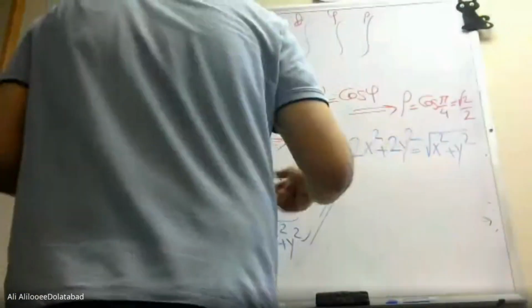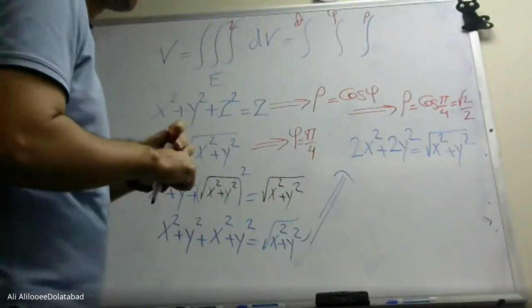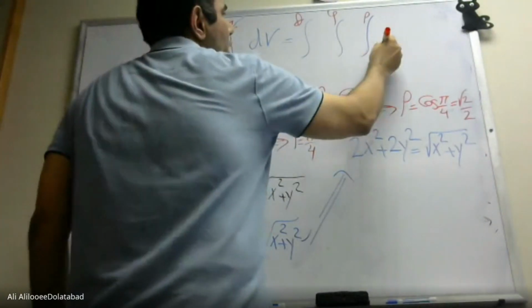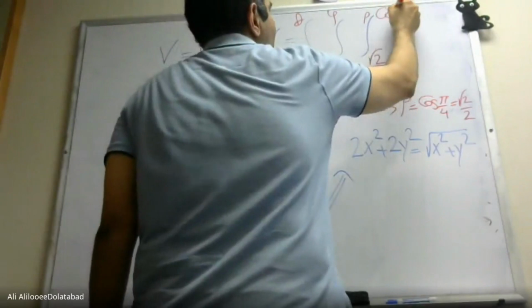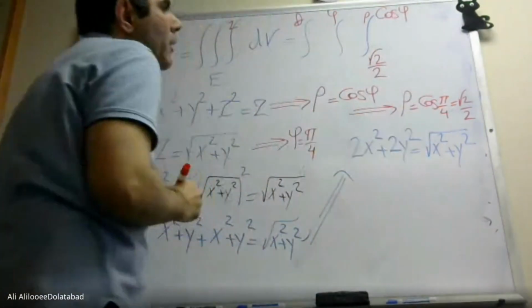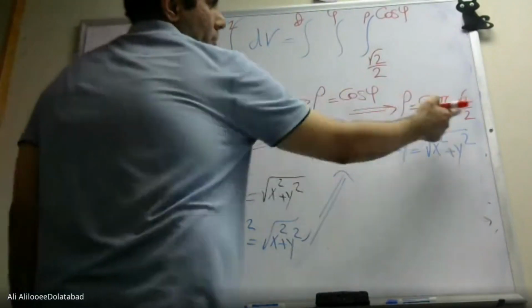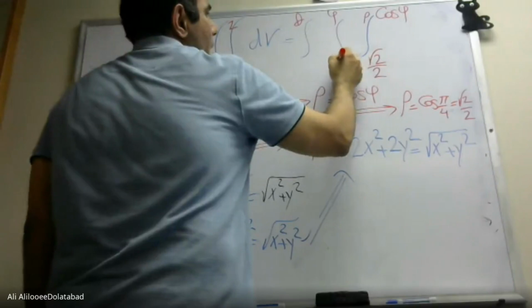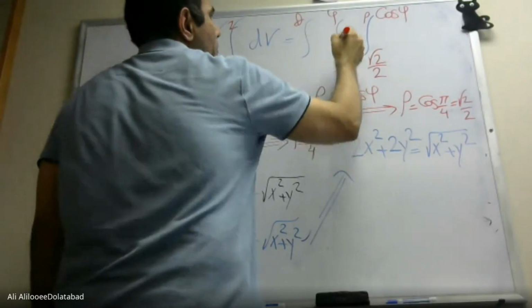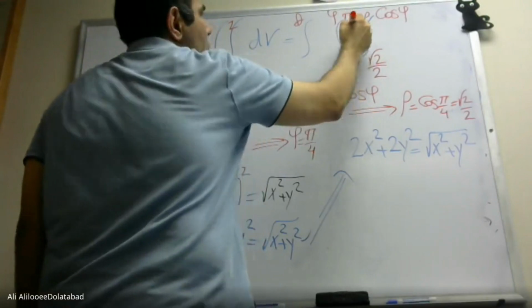So this is a bound that we need for rho. Then we have root 2 over 2 and cos of phi. For phi, we have pi over 4 to pi over 2.